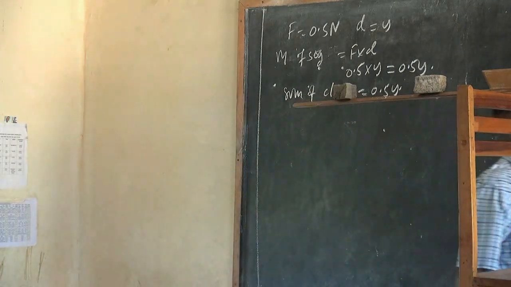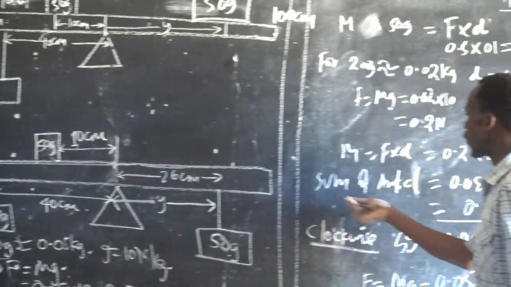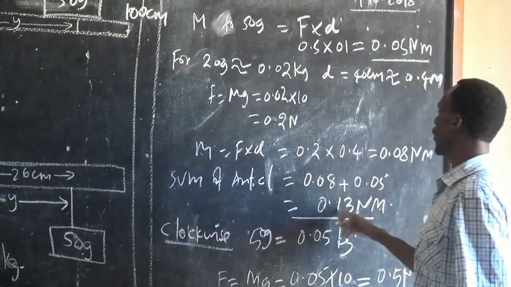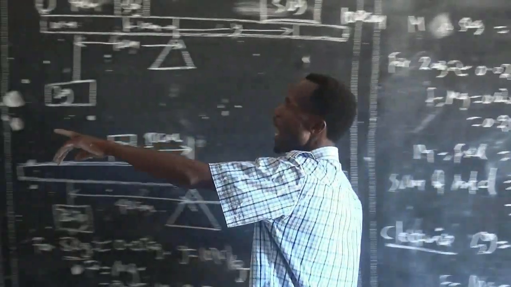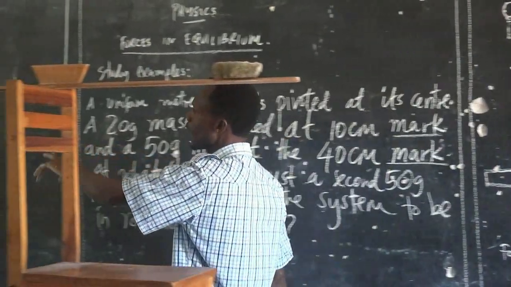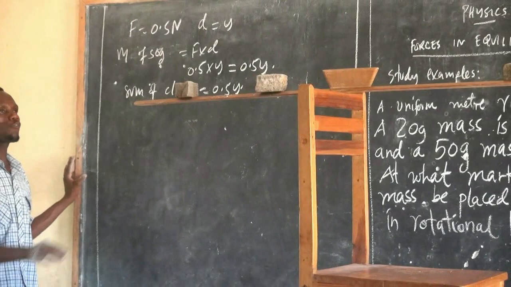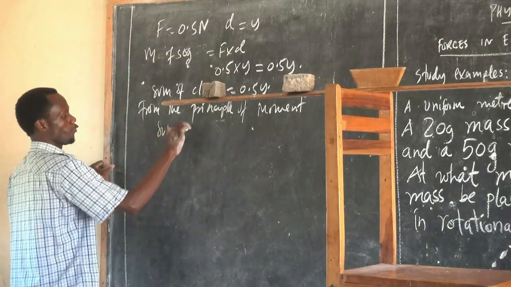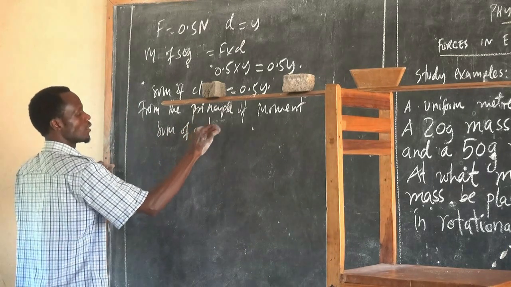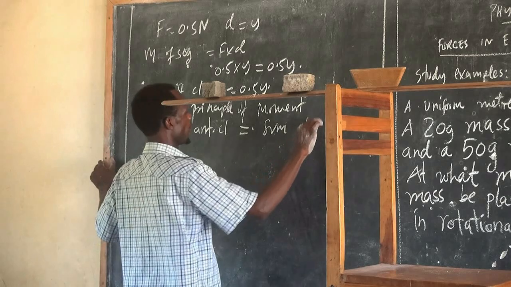From here, we have seen the sum of anti-clockwise moments is equal to 0.13 Newton meter. And the sum of clockwise moment is equal to 0.5y. Now from the principle of moments, the sum of anti-clockwise moment is equal to the sum of clockwise moment.